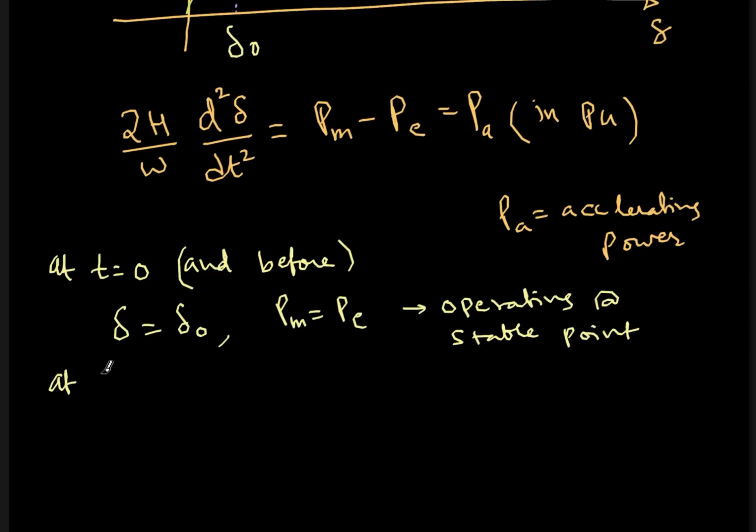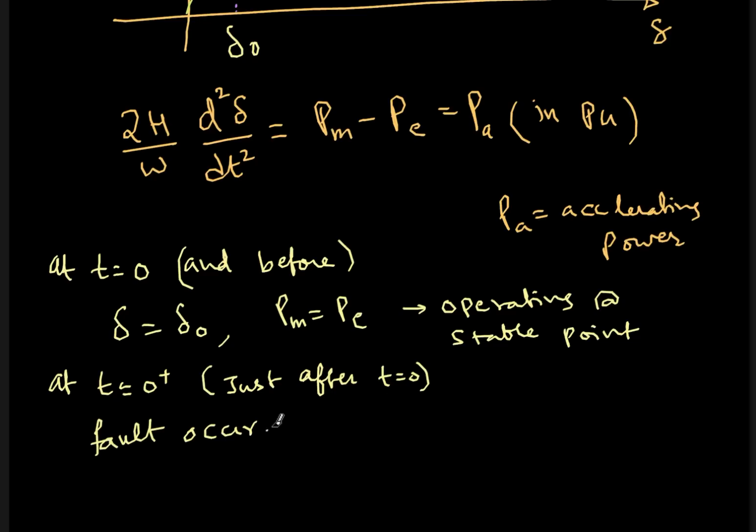Now at t equal to 0 plus, that means just after t equal to 0, is where we are saying the fault occurs. Fault occurs on the generator bus. That is a three-phase bolted fault, symmetrical.